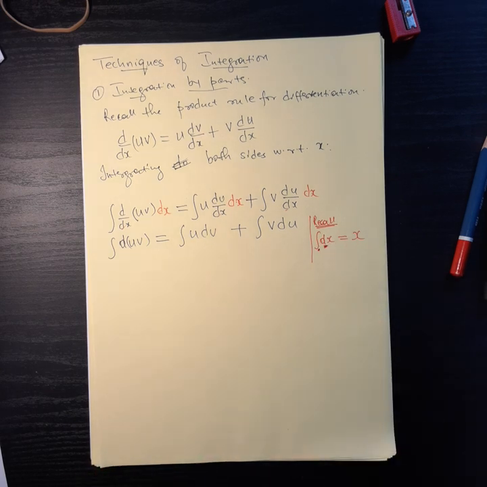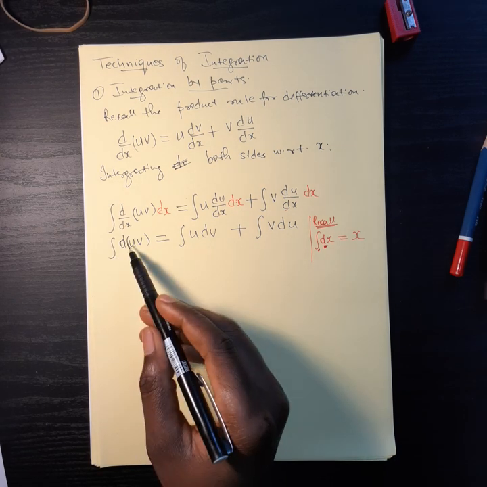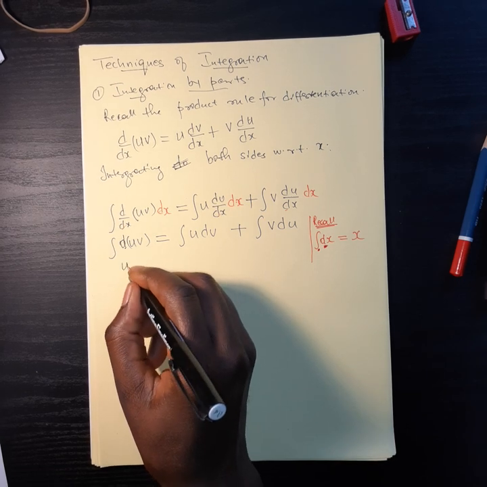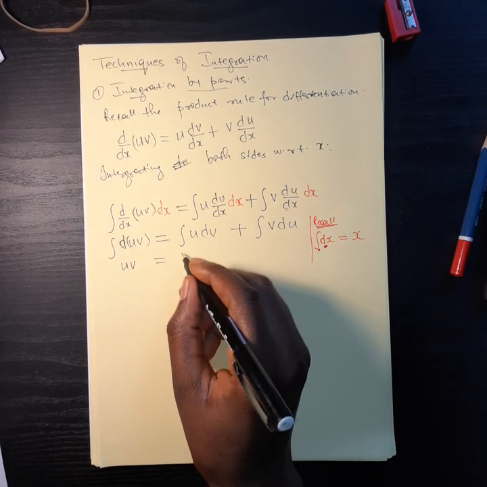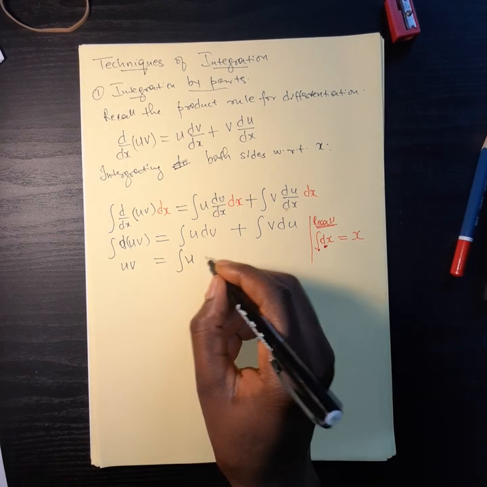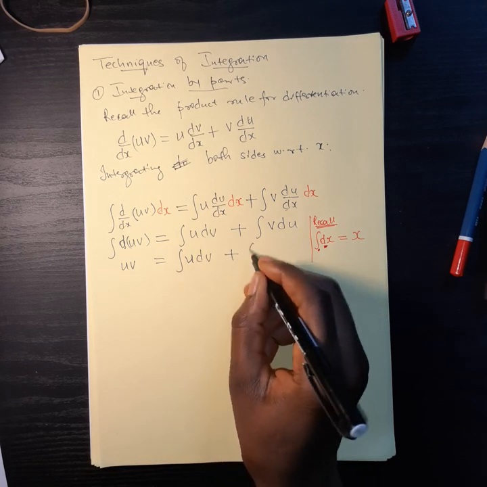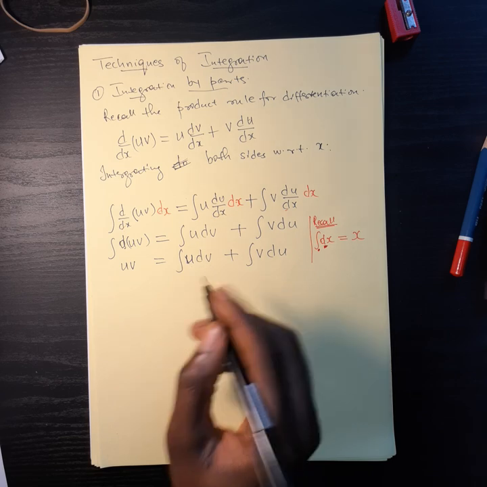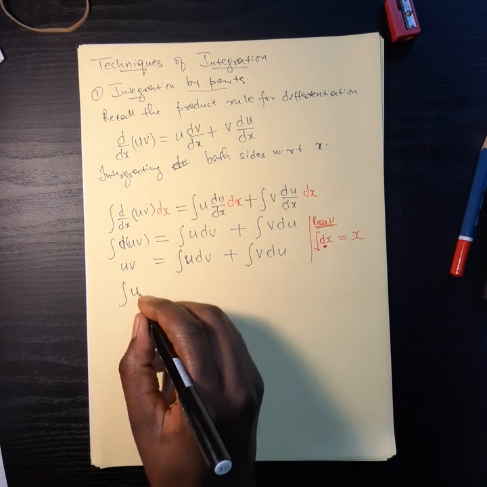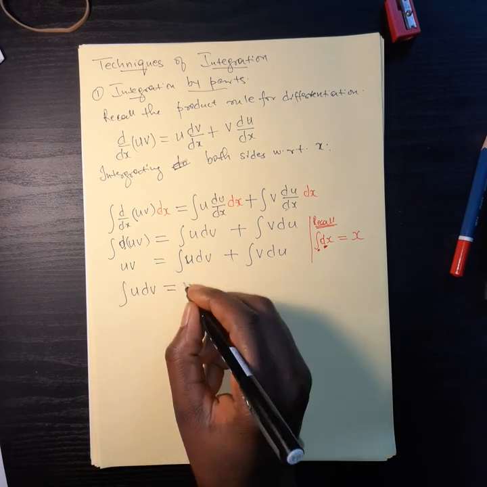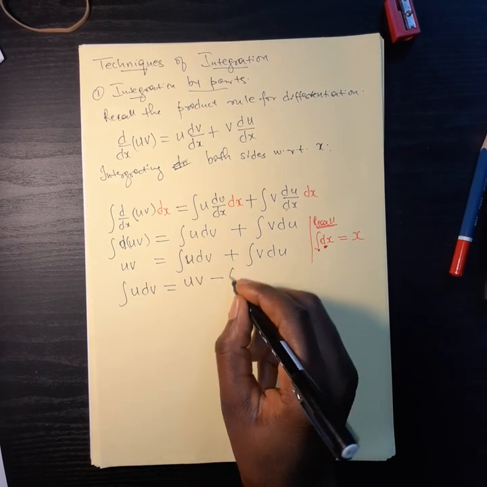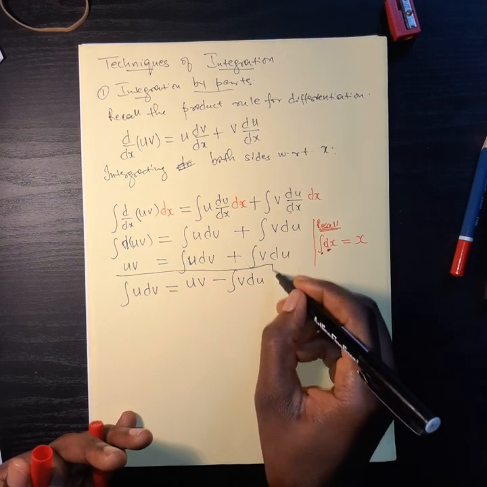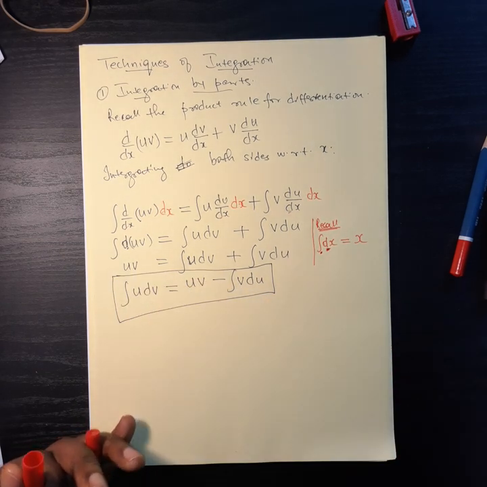So you have uv on this side, and then u dv plus the integral of v du. Making this the subject of the formula, the integral of u dv is equal to uv minus the integral of v du. This is the formula that we are going to use.